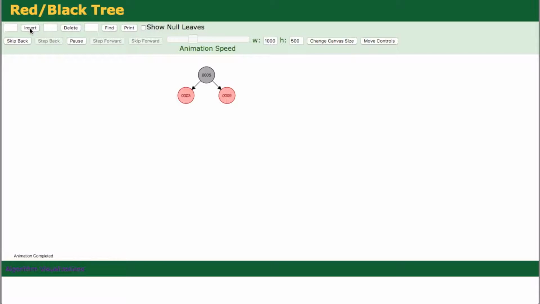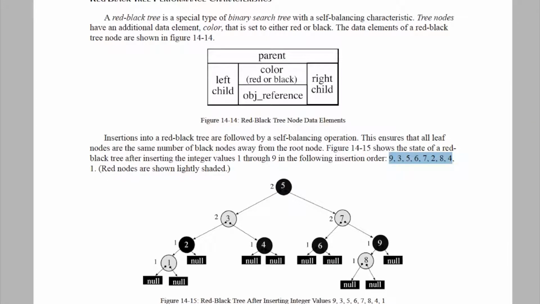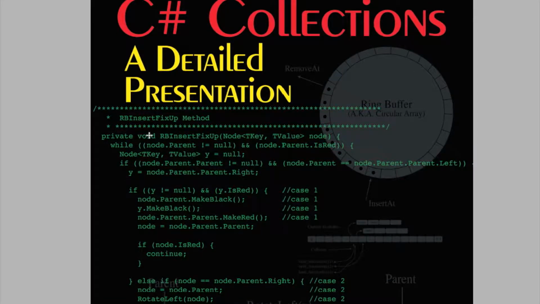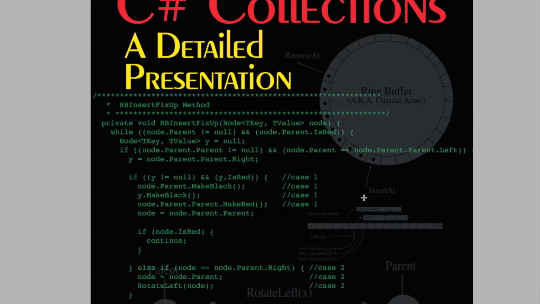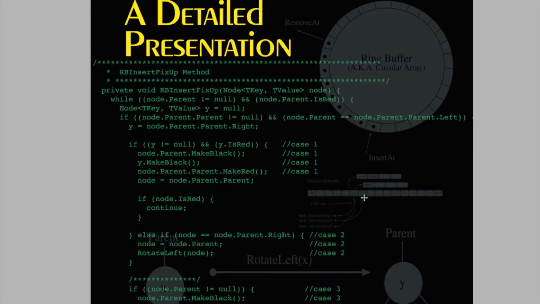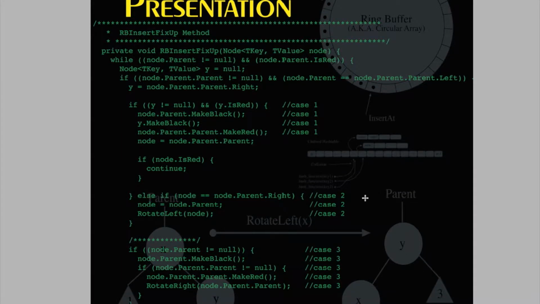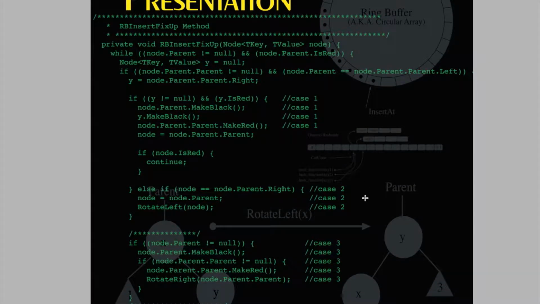Now if you'd like to see this type of code work, in my other book, C# Collections, a detailed presentation, if you look at the code, I actually implement an algorithm from one of the MIT books, the big old thick algorithm book that's like one of the tomes for computer science majors.